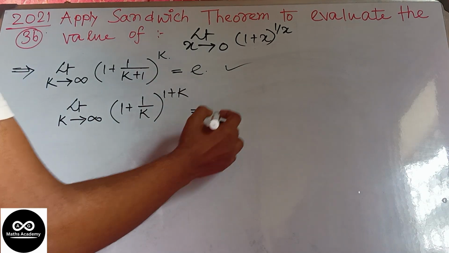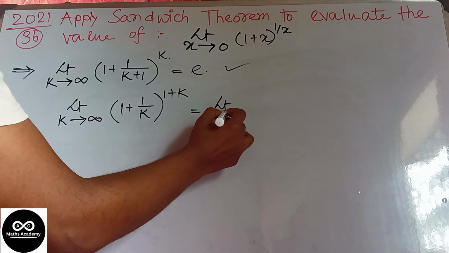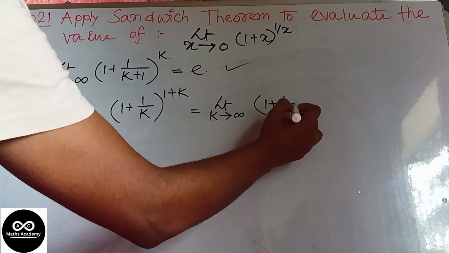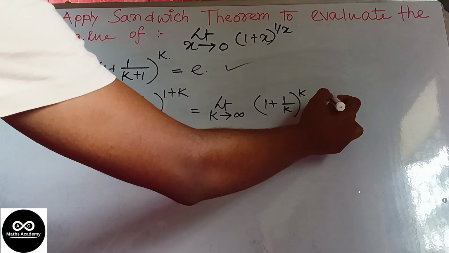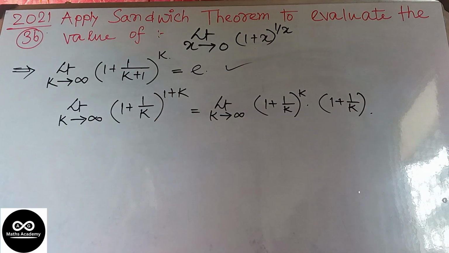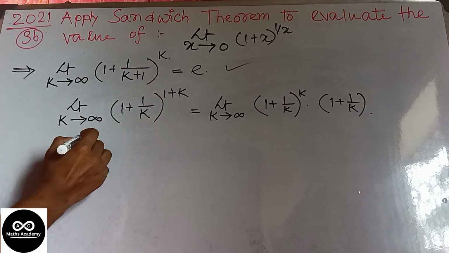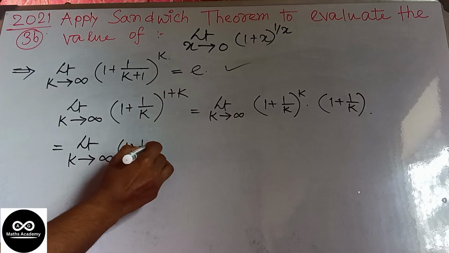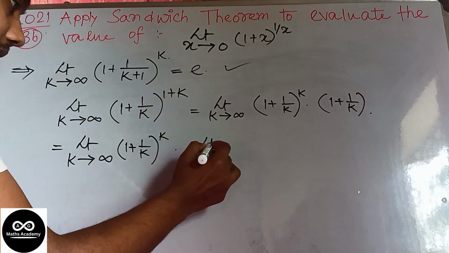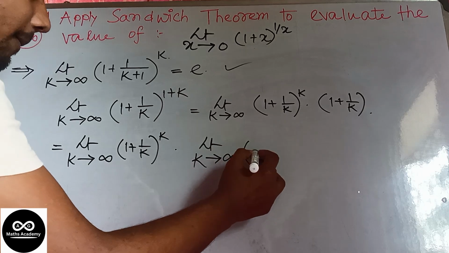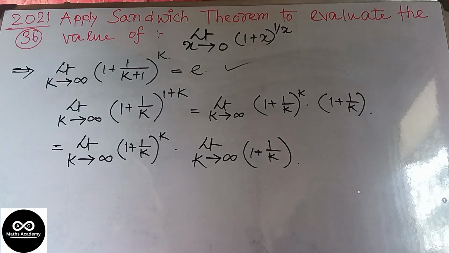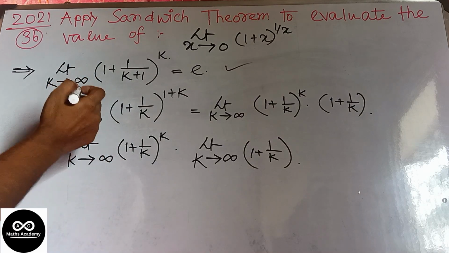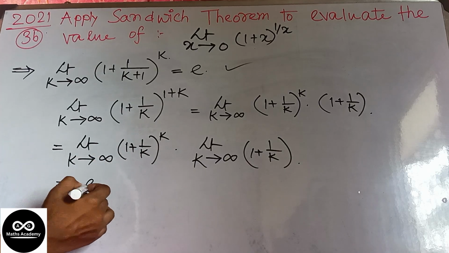So this will be the limit as k tends to infinity of (1 + 1/k)^k into (1 + 1/k), and this will be the limit as k tends to infinity of (1 + 1/k)^k into the limit as k tends to infinity of (1 + 1/k), okay.